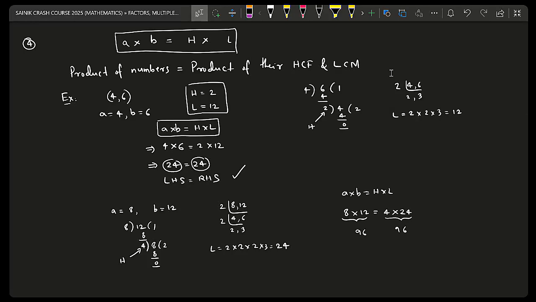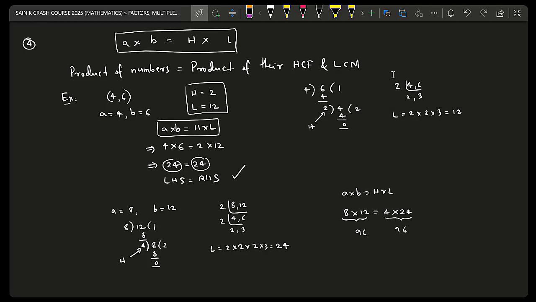Okay, sir. Second property: if a factor and multiple pair is there, HCF is equal to the factor, LCM is equal to the multiple. Yeah, enough. Example. What is the first example I took? 3 and 15. Okay. Is 3 a factor of 15 or not?